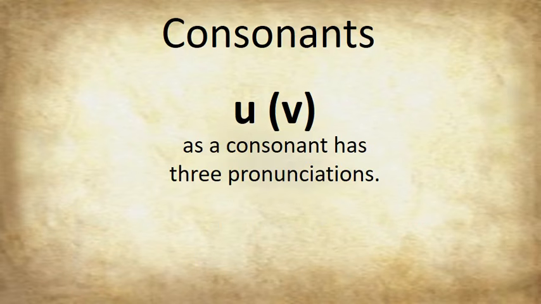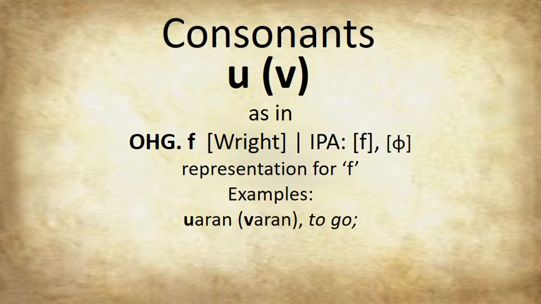Now we move on to U and its graphical variation V as a consonant, which is pretty interesting in itself. Usually when we think of U as a vowel, but in Old High German it's a consonant, and it has 3 pronunciations. Let's get into it. So on the one hand, U and its variation V represent Old High German F, which would represent a f sound or a v sound, depending on the word's etymology.